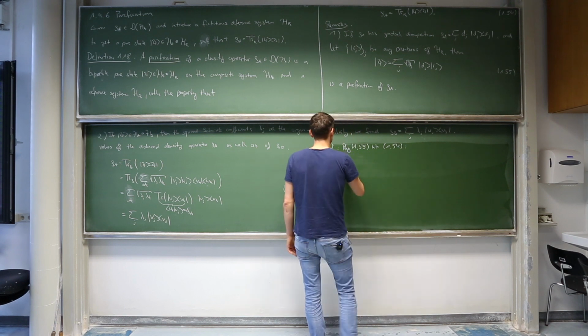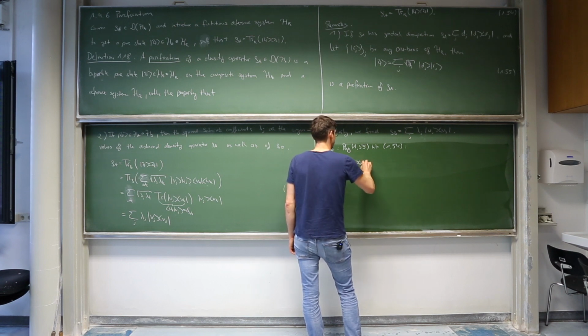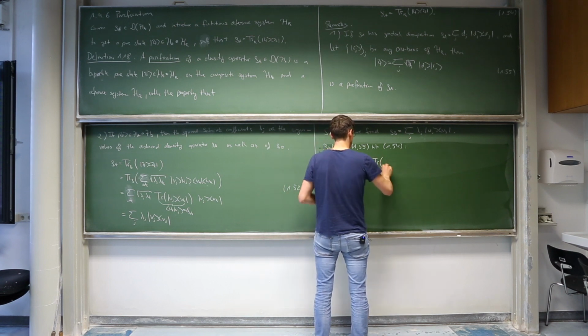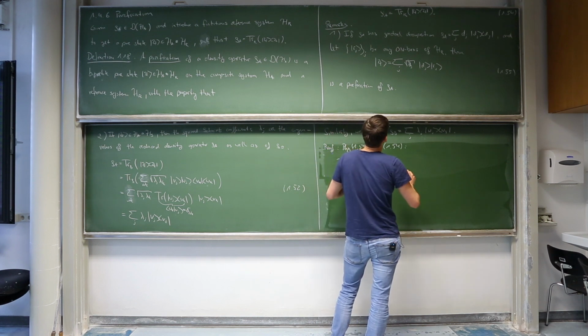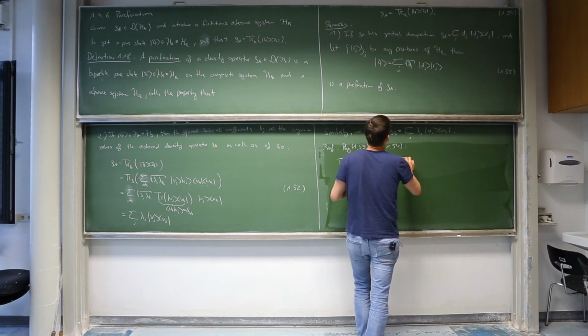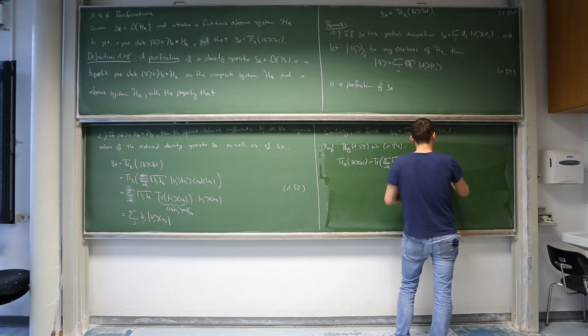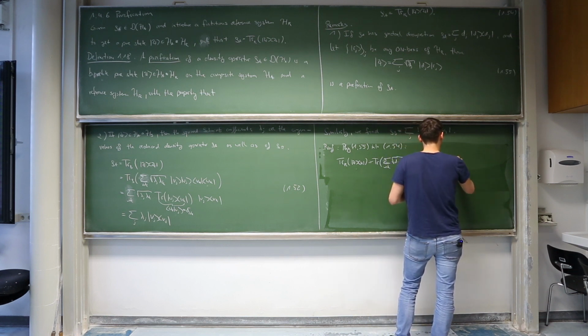So we get the trace over R of psi is equal to the trace of the sum over jk square root of dj dk, and then we have some dj rj dk rk.